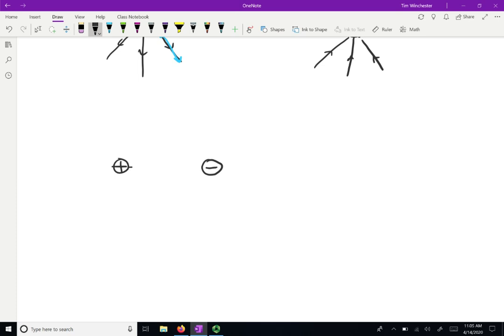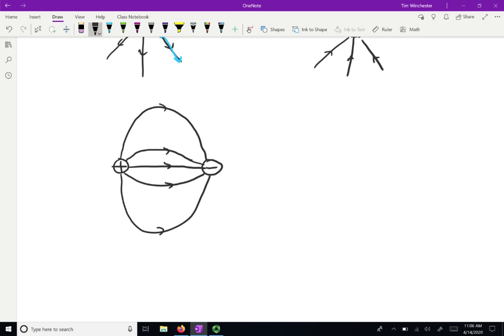I'll have the first electric field line go there. Do one here. Starting at positive, ending at negative. Like this. Okay, and then the others will kind of go out like this.